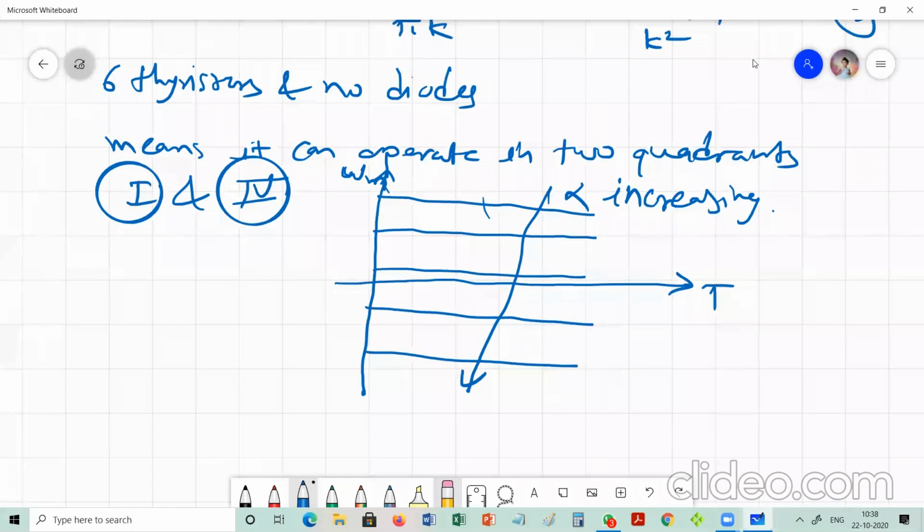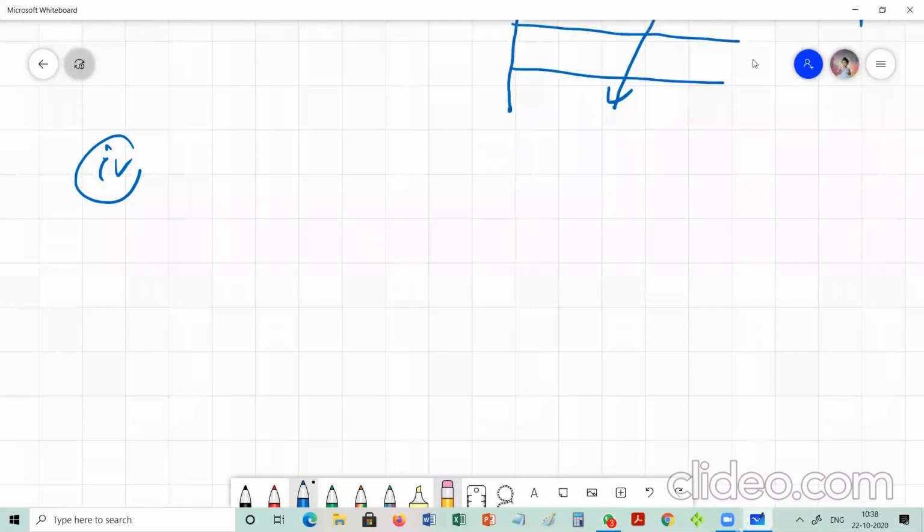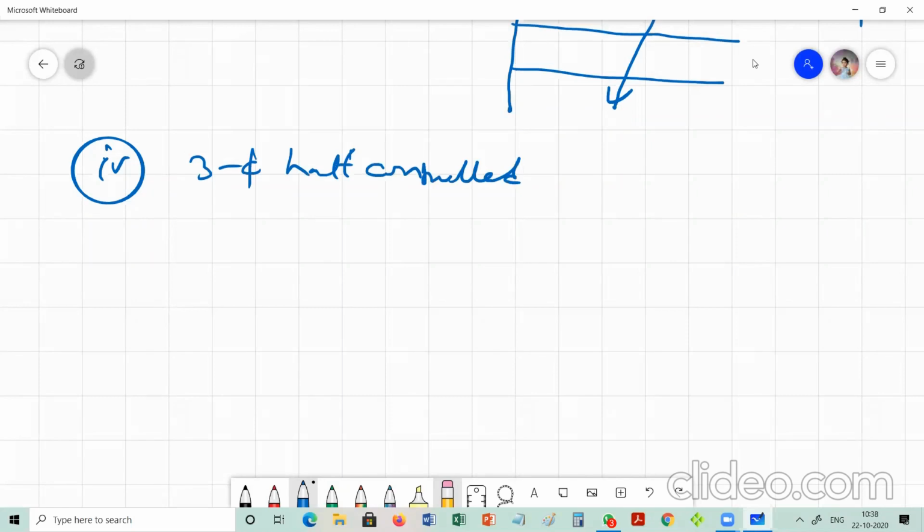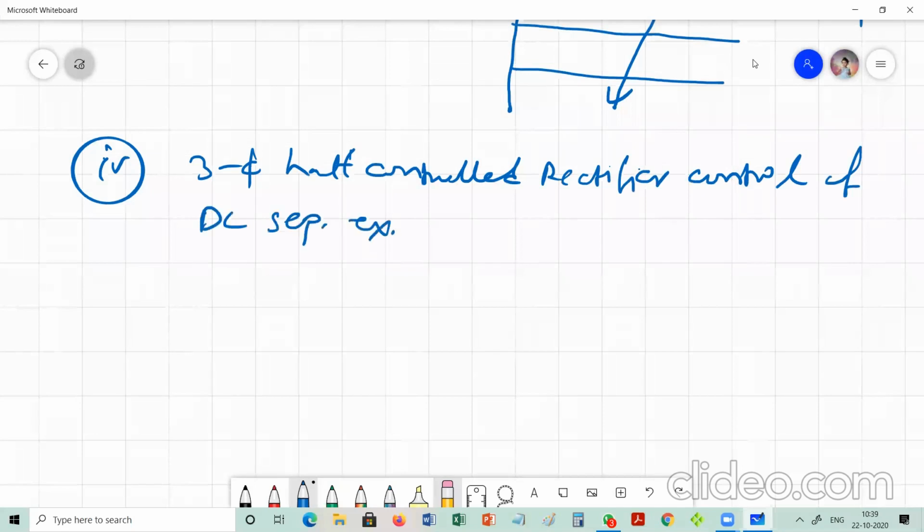And the last drive, the fourth drive, is the three phase half controlled rectifier control of DC separately excited motor.